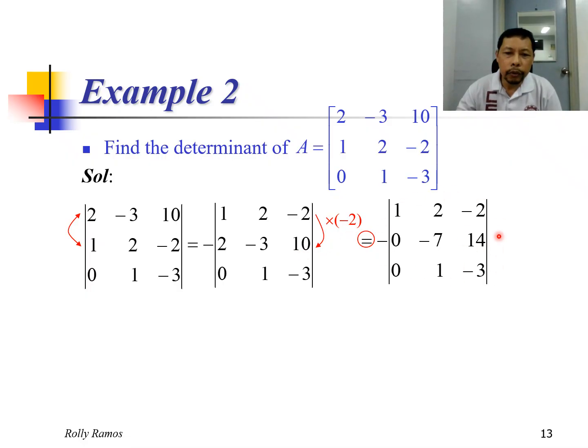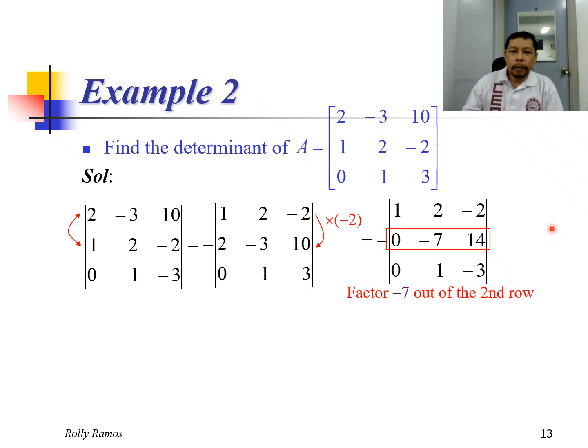So this is the new matrix, and we did not introduce -1 because according to the previous theorem, multiplying a row by any number except 0 and adding that to another row will not change the value of the determinant. So we only need to introduce -1 if we interchange two rows.